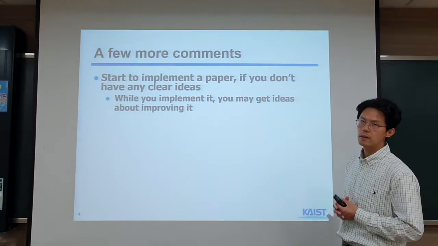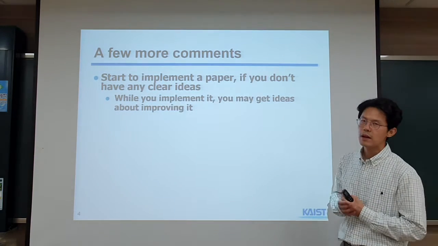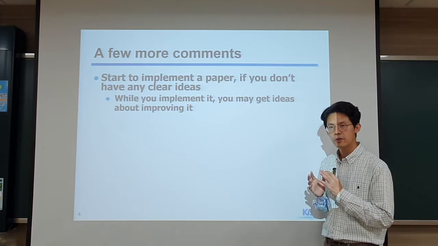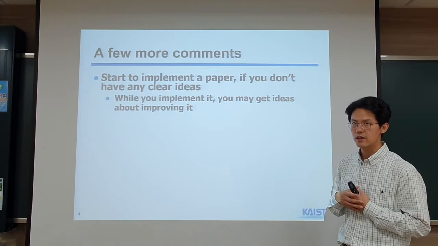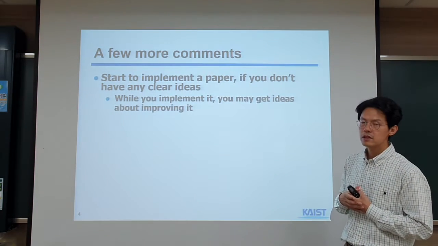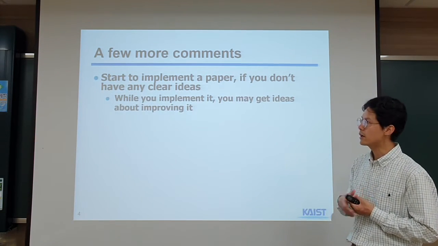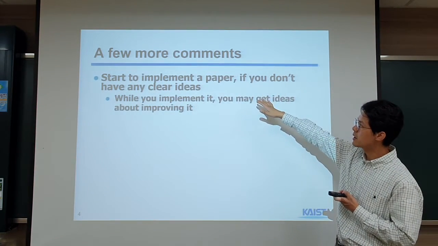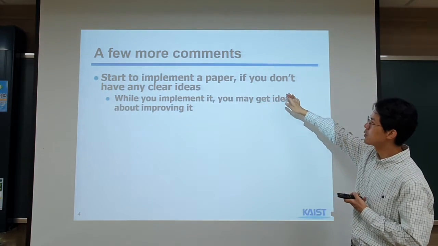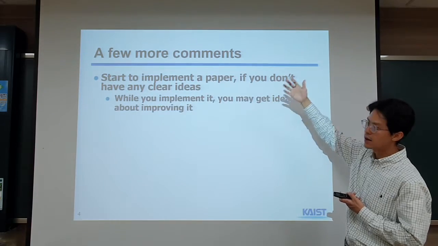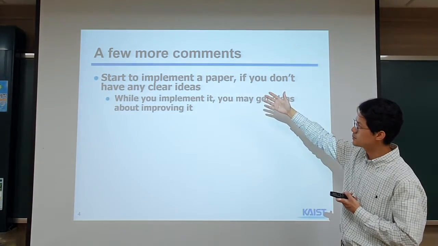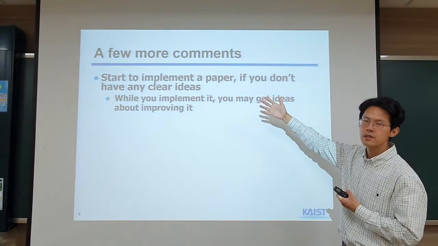So here are a few more comments. You may not have a particular idea that can improve the prior techniques, right? Then obviously it's very difficult to have a good idea early on, right? So I recommend you start to implement the paper early on if you don't have a clear idea. Also, try out some of the existing code.